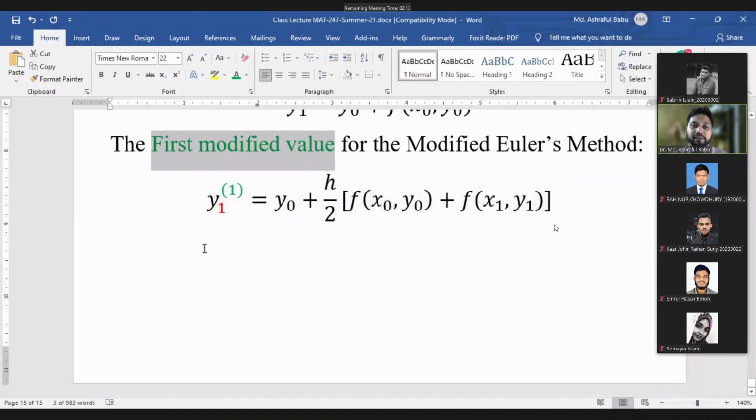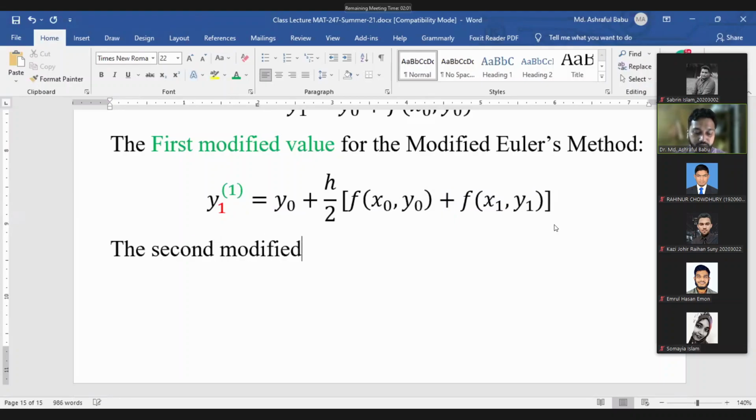And the second modified value, second modified value for the first approximation, not the second approximation. So we are actually finding the modified values for the first approximation y1. What will be this? Exactly the same thing.